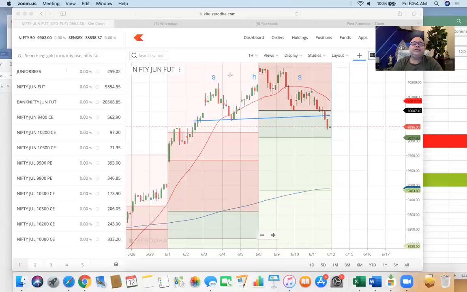So basically, the target of this head and shoulder is 10,300 to about 99.50, and add these sort of 350 points on the downside, and the target comes somewhere closer to 9600, which it appears that we will cross at the open.